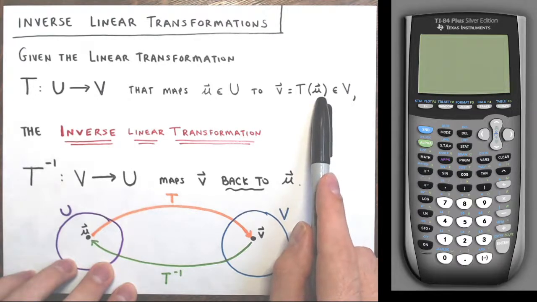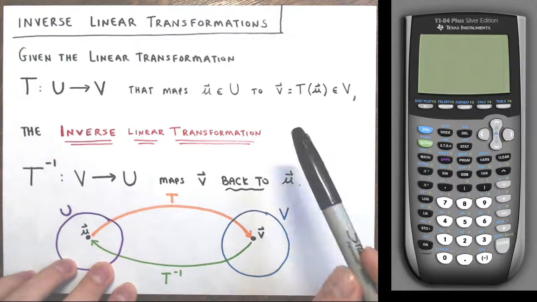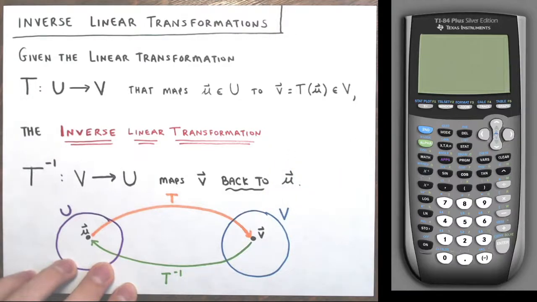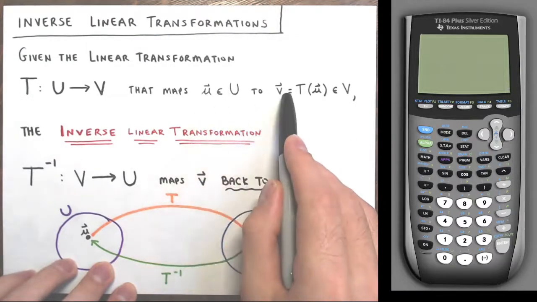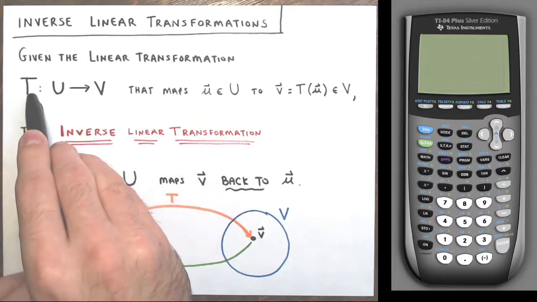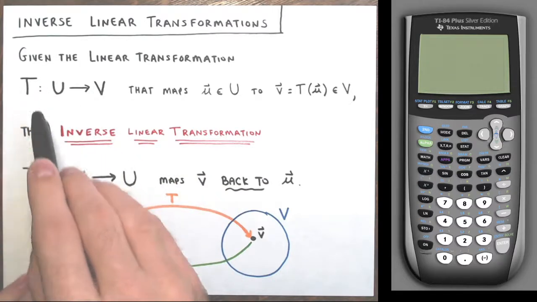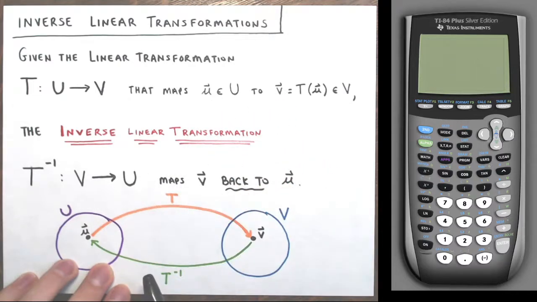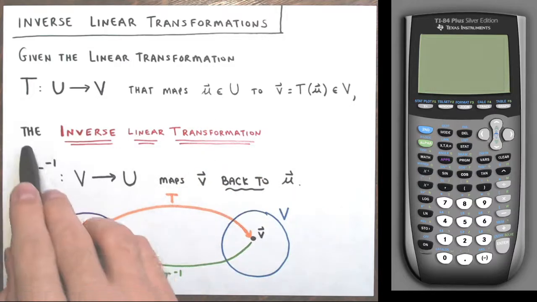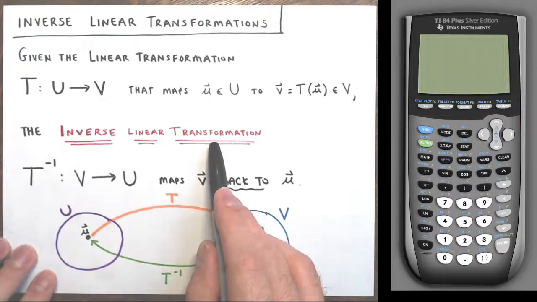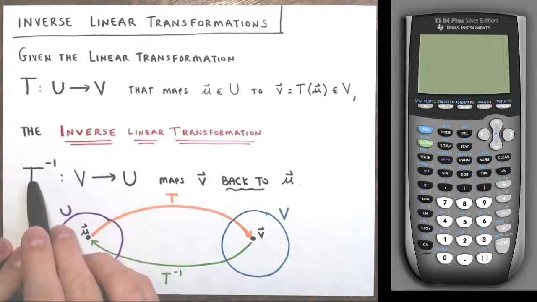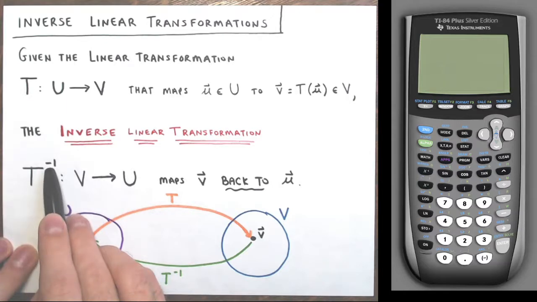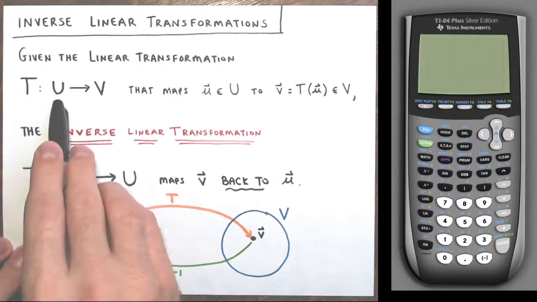All an inverse does is reverse the mapping. So if U maps to V under T, then under the inverse, V will map right back to U. An input of V will map to an output of U. So the inverse linear transformation, denoted by T with a little -1 above it, that's T inverse or inverse of T. And like I said, it just reverses the mapping.